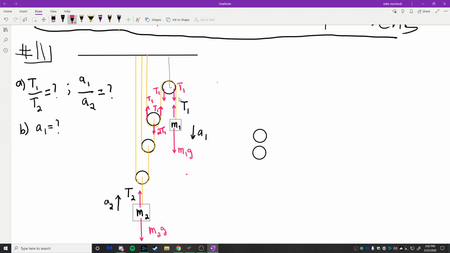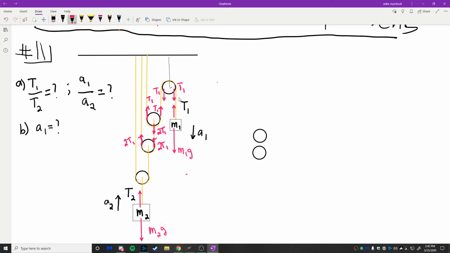Okay, so the next thing we would do then is say this force is 2T1, double the tension T1. So now right here, you also have this force going upwards, and that one's going to be 2T1 as well. Getting kind of cramped in here. And then on the other side, the force up here would be 2T1 as well.